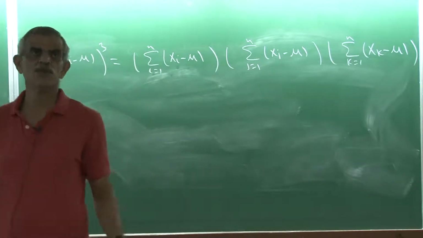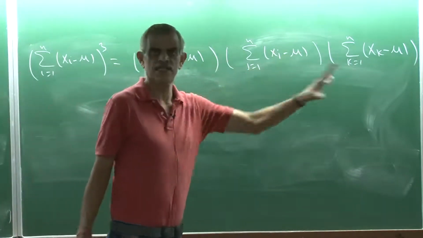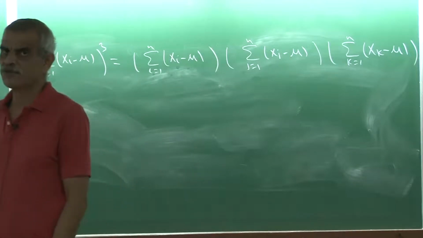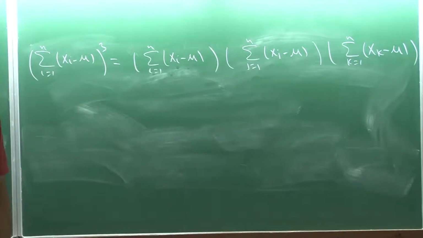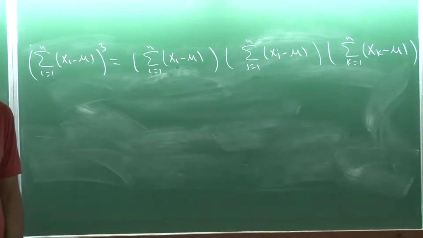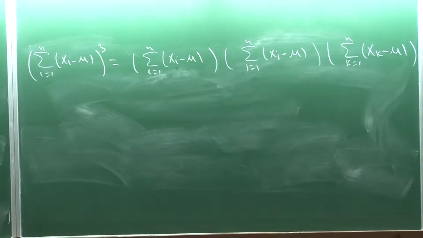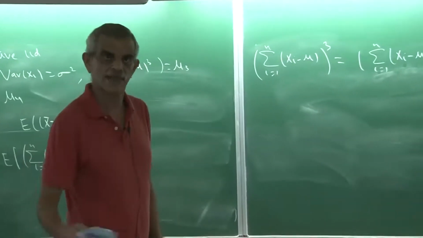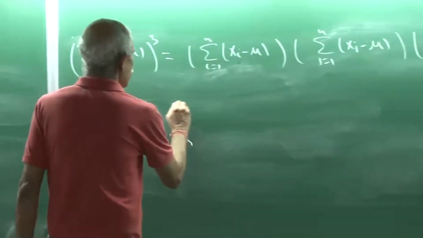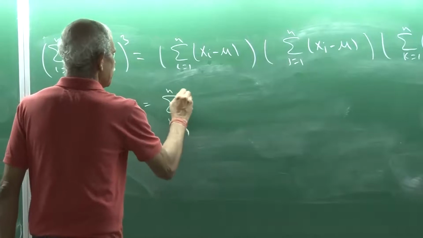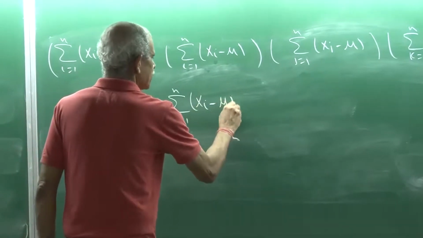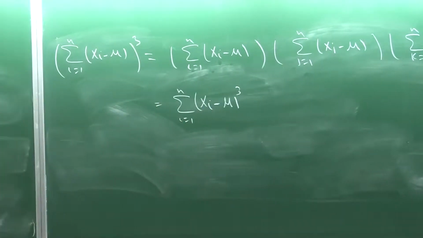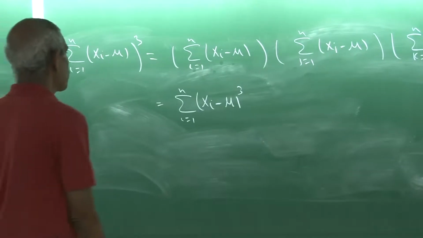That means xi minus mu comes from here, xi minus mu from here, and xi minus mu from each of them. All such factors will give me (xi minus mu) cube. So for example, I get (x1 minus mu) whole cube, (x2 minus mu) whole cube, and (xn minus mu) whole cube. So this is the same as summation i equal to 1 to n (xi minus mu) whole cube. What is the second one?